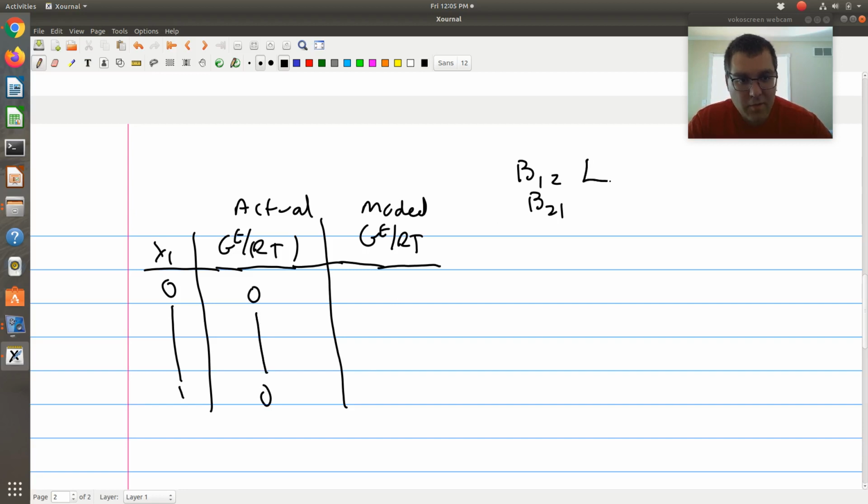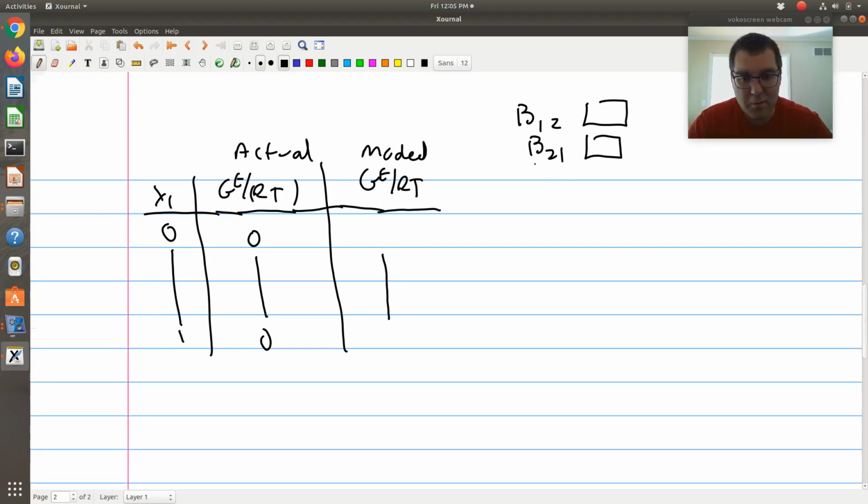So I would have some guess of B1 and B2. I could use those to calculate GE over RT using my model at those intermediate compositions. And then what I want to do is minimize the sum of squared error, right?